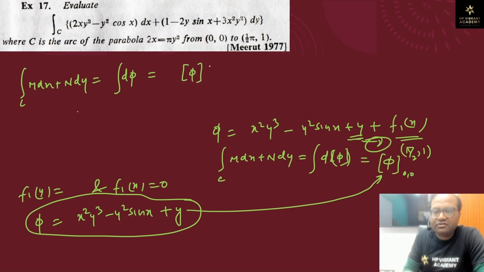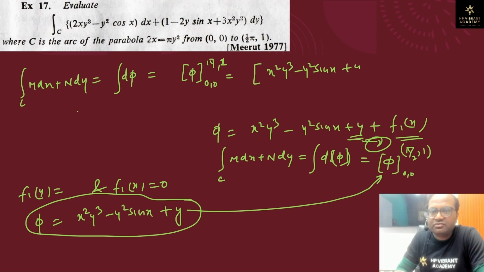Let us place the value of phi with limits 0, 0 to pi by 2, 1. The value of phi is x square y cube minus y square sin x plus y. Let us place the limits 0, 0 to pi by 2, 1.